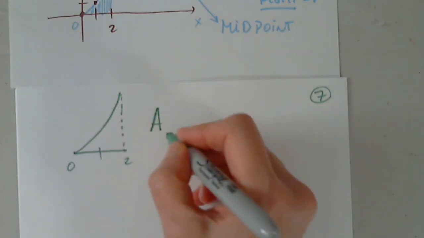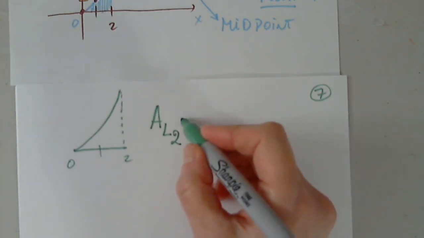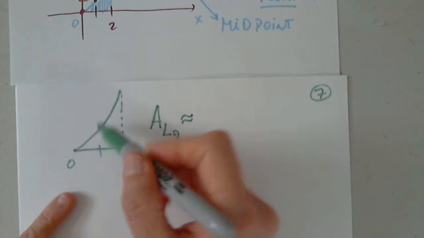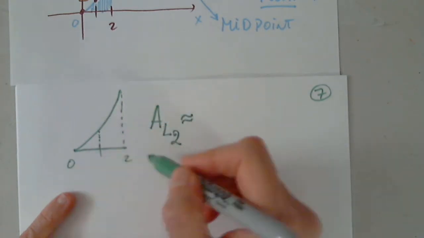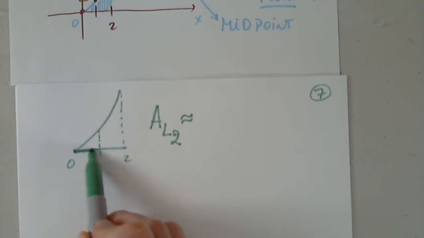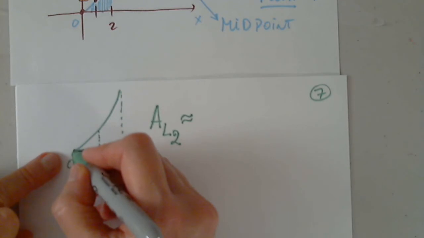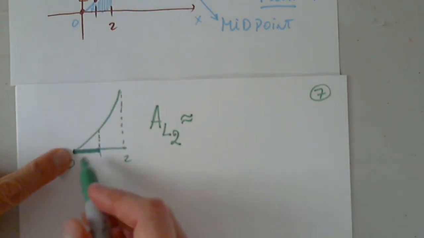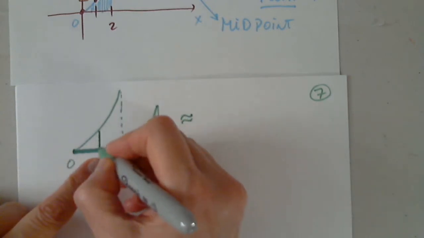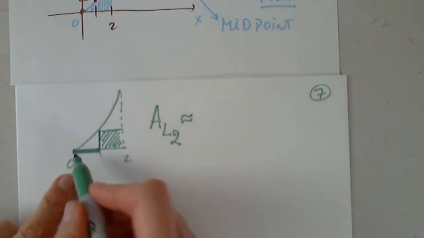So the area with two subintervals will be approximately: I divide the interval into two subintervals. The first one doesn't have a height because I'm using the leftmost point. The next one has this height, and this will be the rectangle.